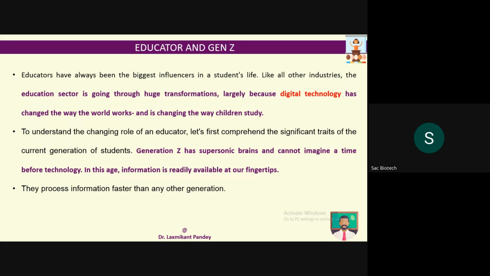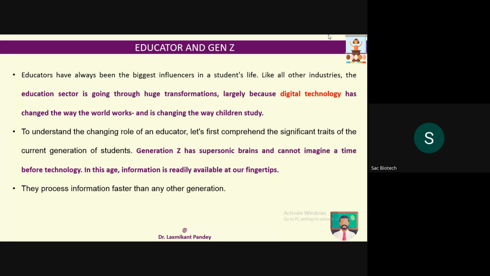If you talk about today's generation, as I mentioned earlier, it is Generation Z. They are very tech savvy. If you want to disseminate some information among Generation Z students, it is very important that we first become very familiar with the different kinds of gadgets and things available in today's digital technology generation.